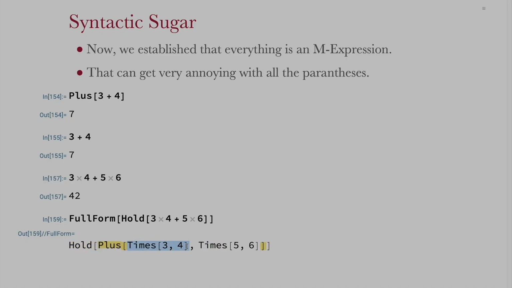The first argument is Times 3, 4, and then Times 5, 6. So this is how you can have a sugared expression and figure out exactly what it looks like before it goes into the evaluator. That sometimes can be very helpful when debugging, or when trying to understand some format that you know is syntactic sugar.